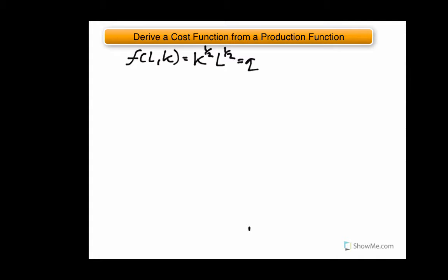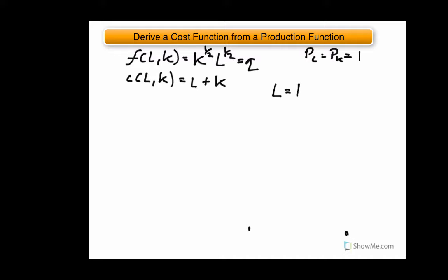I'll also write out our cost function, C of L, K equals, remember PL and PK equal 1, so this is just the amount of labor we have plus the amount of capital we have.